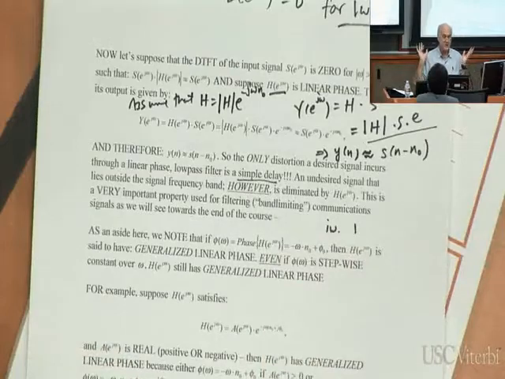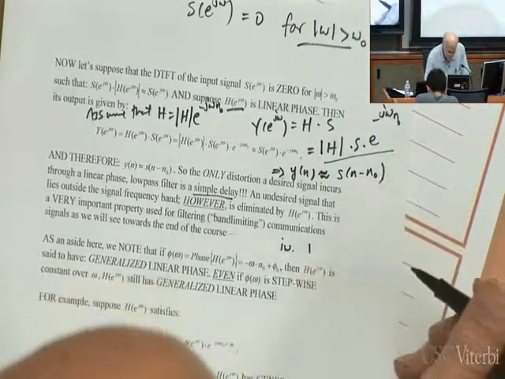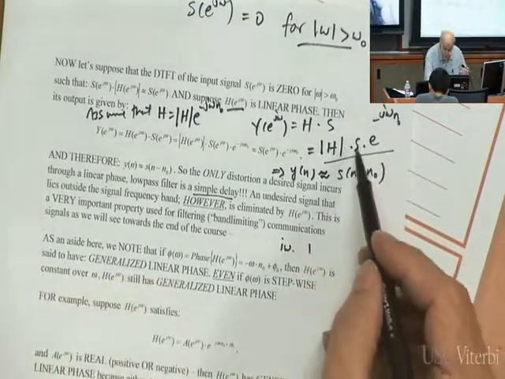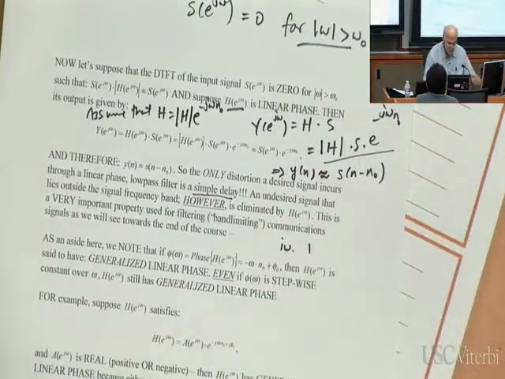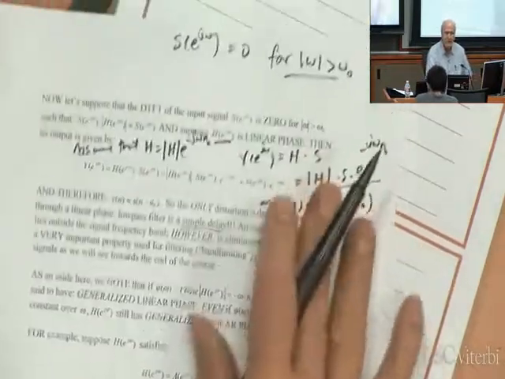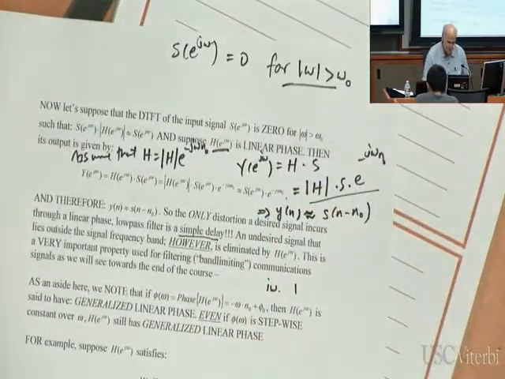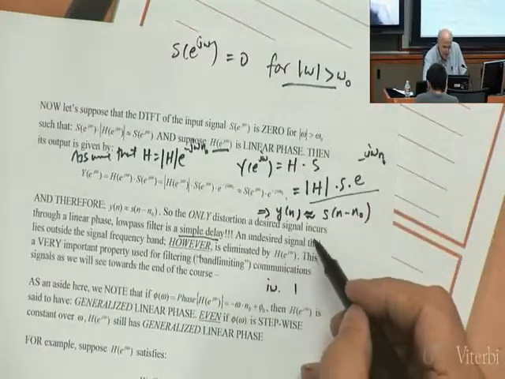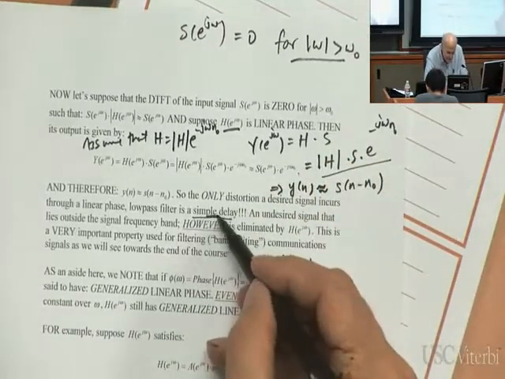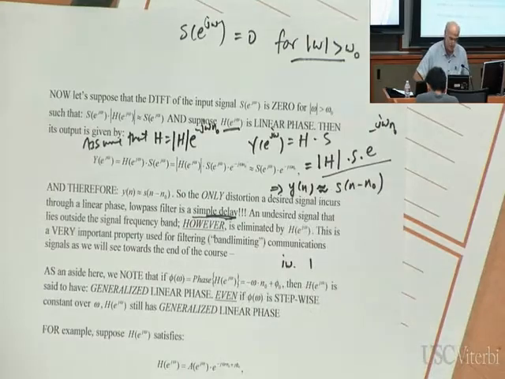That's the only distortion that you have when a signal goes through a linear phase filter, in this case a low-pass filter. And this works because we're assuming the magnitude DTFT of S is zero outside the filter band, so it fits all nicely within this filter. So the only distortion a desired signal incurs through a linear phase low-pass filter is a simple delay.